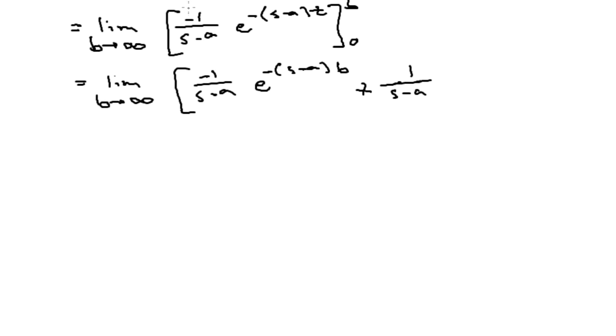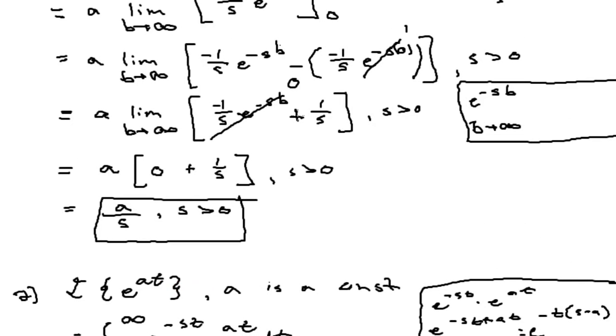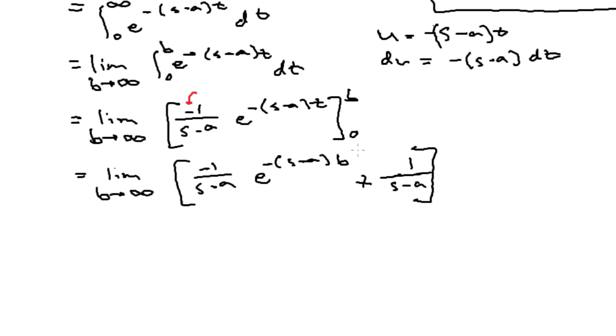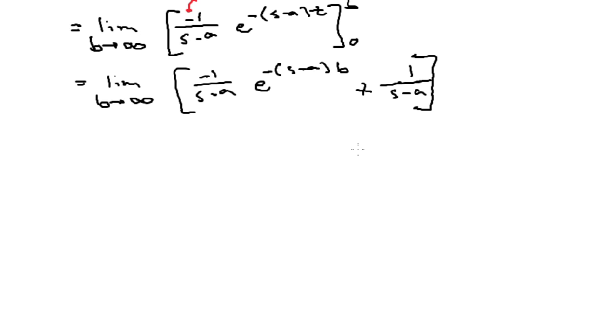Naka negative tayo dito, since minus tayo pa nag-evaluate ng definite integrals, magiging plus. Then yung e natin magiging 1, same case ng andito natin. Magiging e raised to 0.